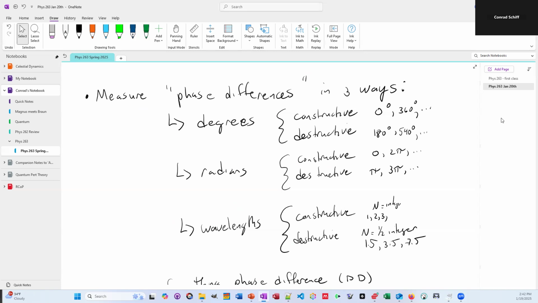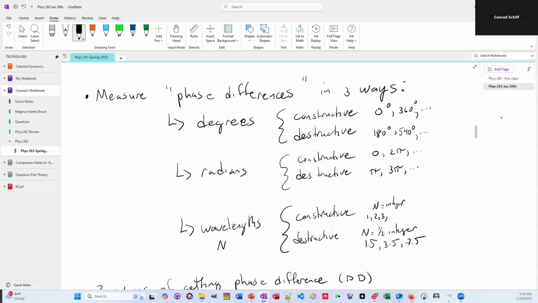But almost always, in order to calculate degrees or radians, unless we can just inspect the diagram like we did in the ones above, typically what we really have to do is count wavelengths. So if we have constructive interference, we have the number of wavelengths, which is denoted by capital N in your book. N has to be an integer.